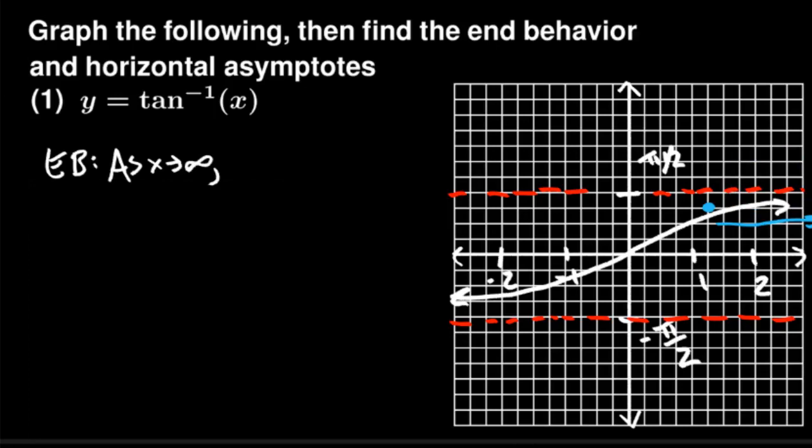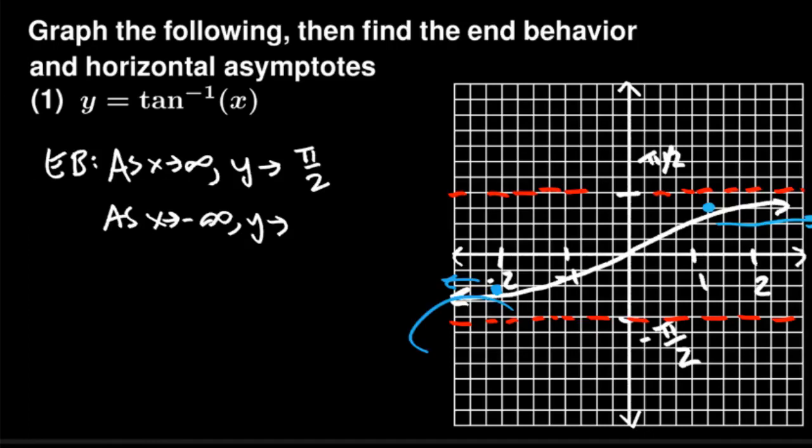So your y value approaches pi over 2. What about as x approaches negative infinity? Same thing. You put a bug on the curve, have it move toward the left. What y value is it getting closer and closer to? Again, the horizontal asymptote. So in this case, y approaches negative pi over 2.